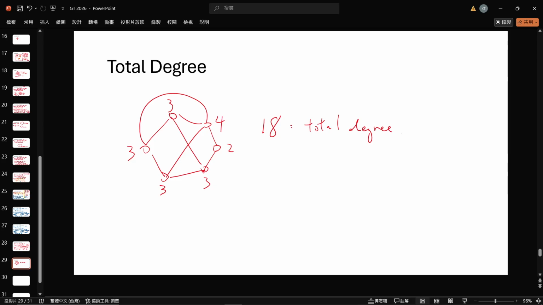And what's the number of edges in the graph? Recall that we use lowercase m to denote the number of edges in the graph. So you can count. I count 9.